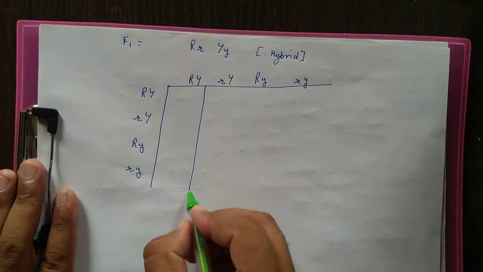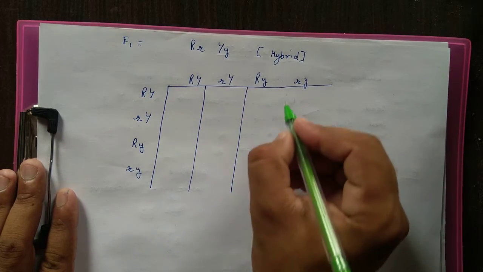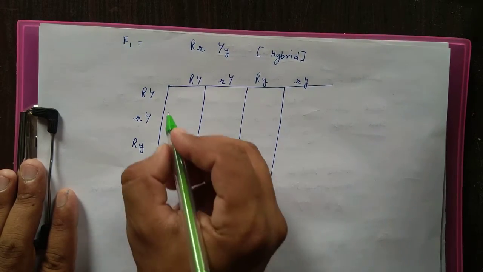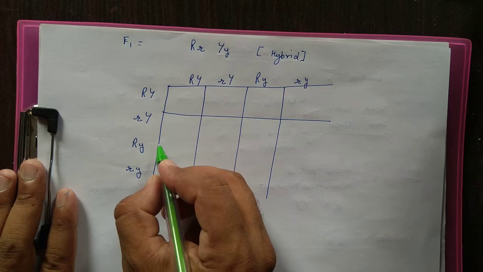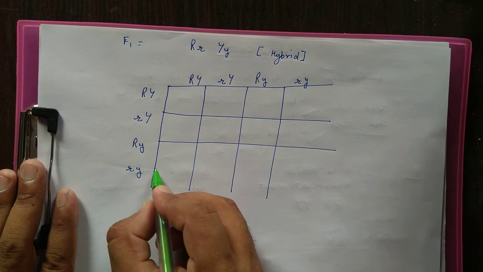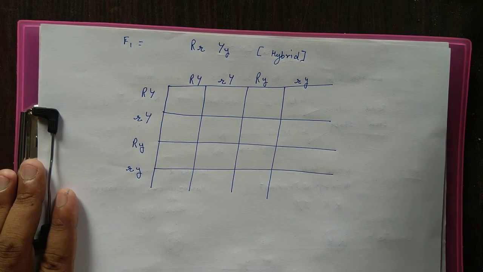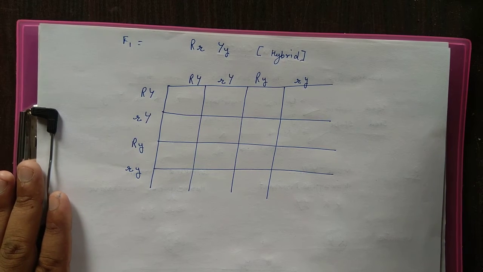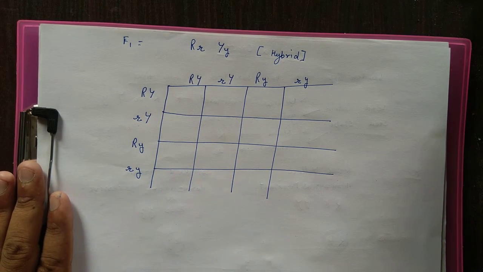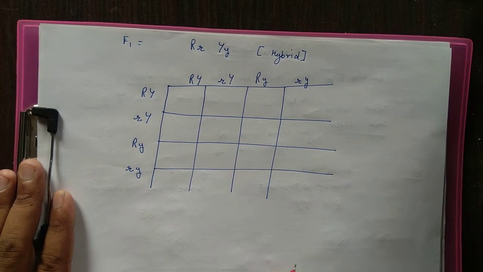If we cross according to the Punnett square, this is the Punnett square during the cross pollination.